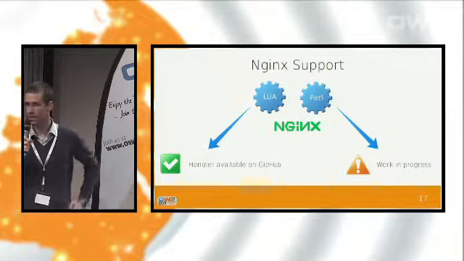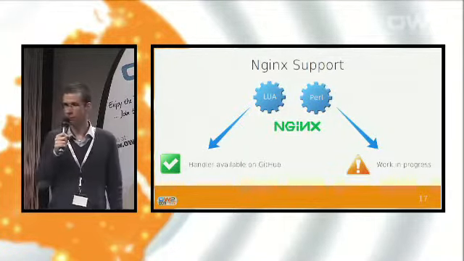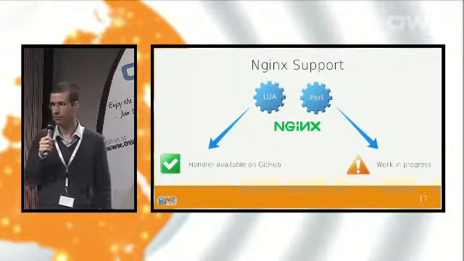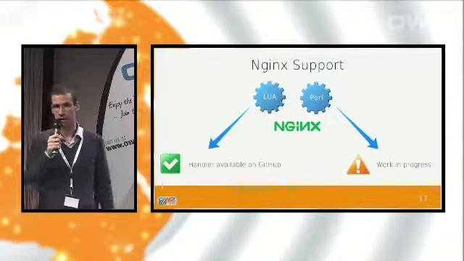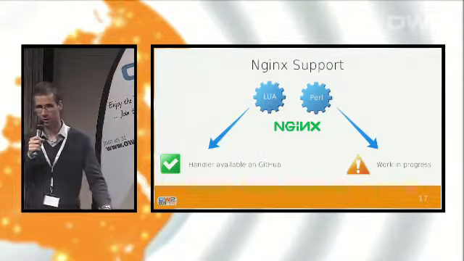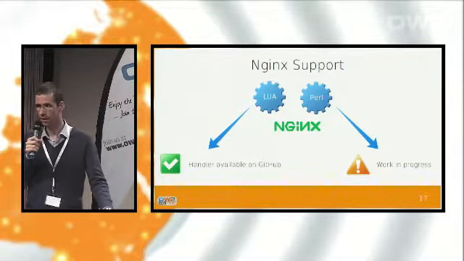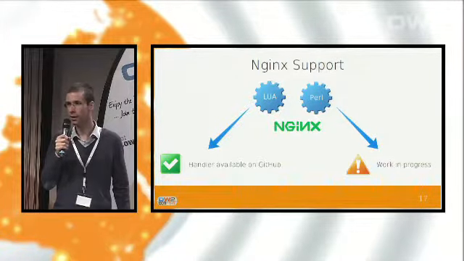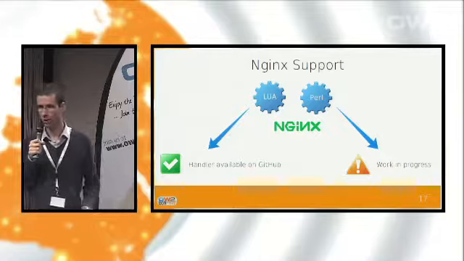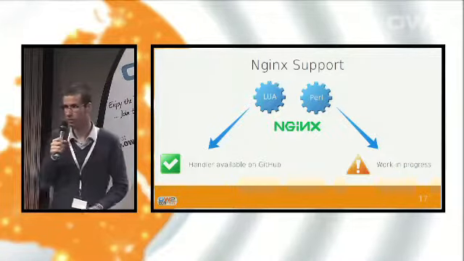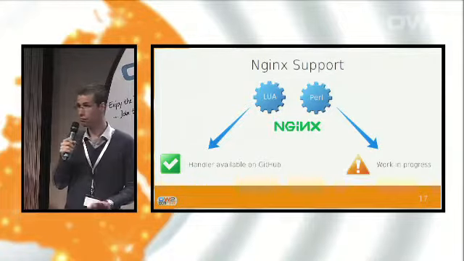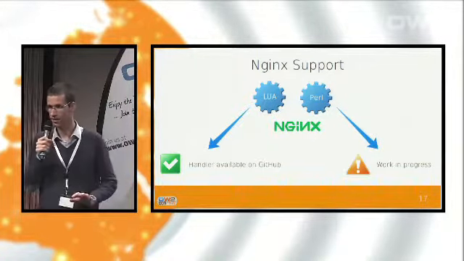Last feature is the Nginx support. The problem is that today the Nginx Perl API is much too young to support fully LemonLDAP NG. So we have made the decision to make a Lua handler. It's about 500 lines of code, and it supports basically the basic features.